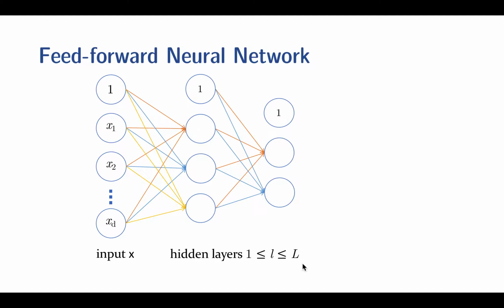Let's say I have L layers, capital L layers. Each layer can have its own number of neurons, its own number of nodes in it. We call these hidden layers because they are in the middle. And how large L is will really be how deep your network is. That's what deep learning is about. In deep learning, we use much larger values of L than what we used to do before deep learning was invented.